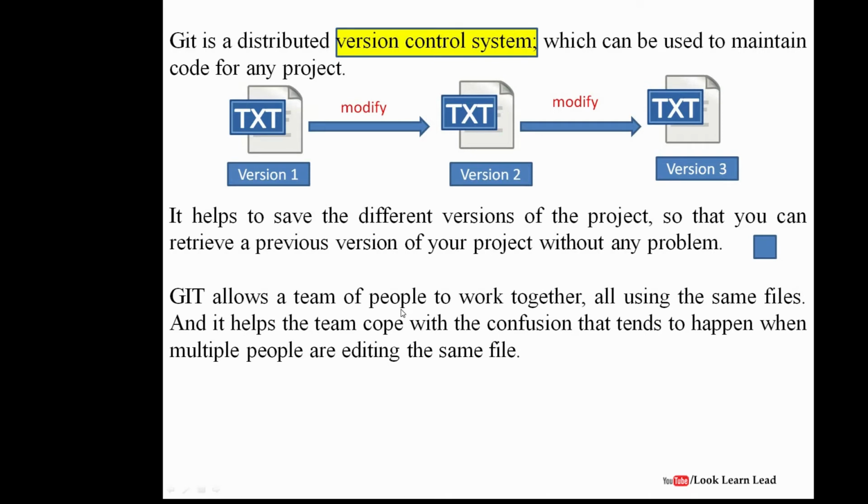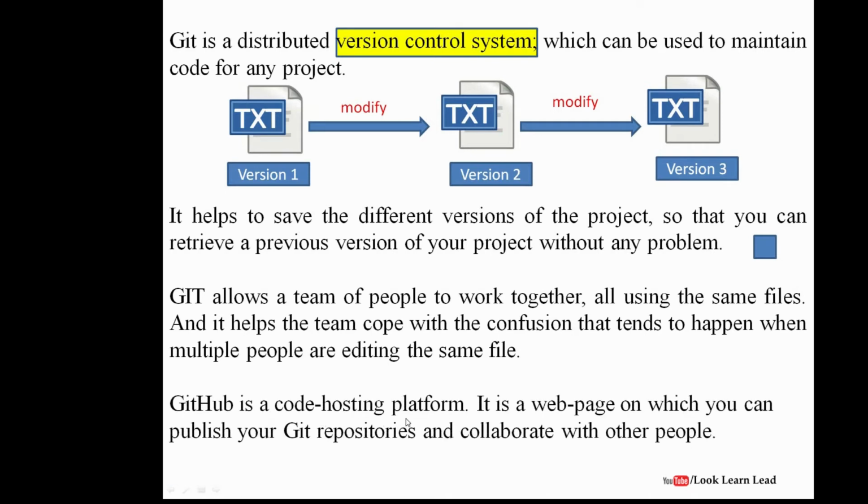Now what is GitHub? GitHub is a code hosting platform, or you can say it is a web page on which you can publish your Git repositories. Repositories may be your projects or a set of projects. So it is a web page on which you can publish your repositories and collaborate with other people.